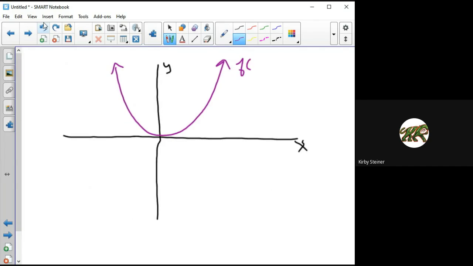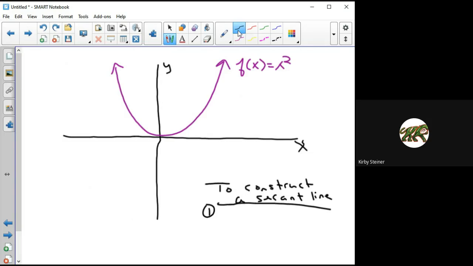Remember, this is the graph of x squared. So let's say that we have the graph of x squared on our plane. Now let's take 2 points. The idea is to construct a secant line.